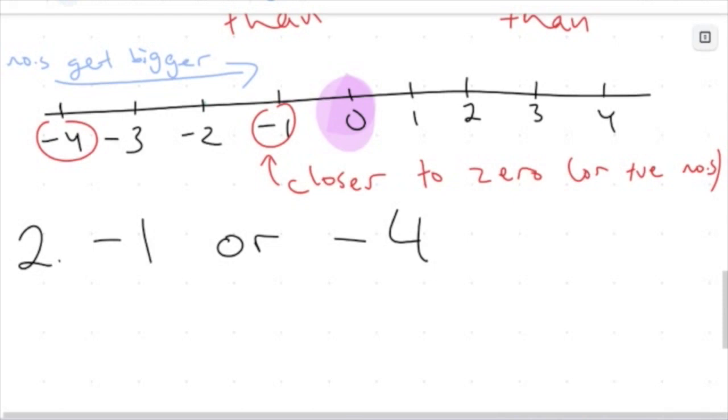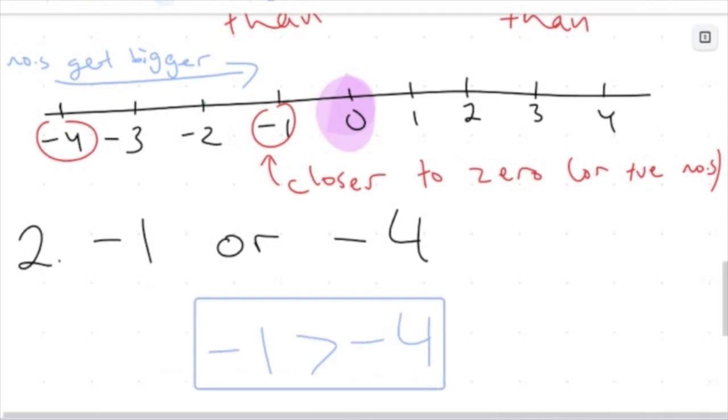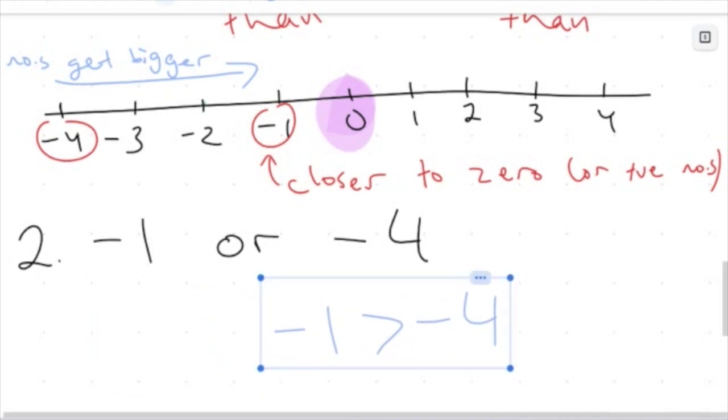It's more on the right-hand side than -4 is. So it's going to be a bigger number than -4. So we can say that -1 is greater than -4.